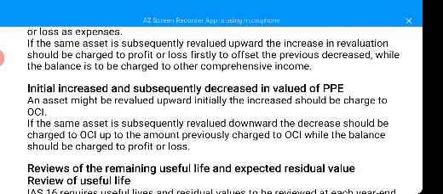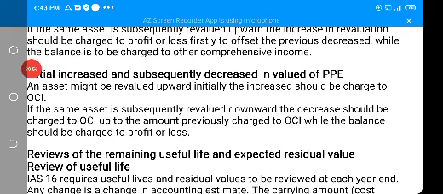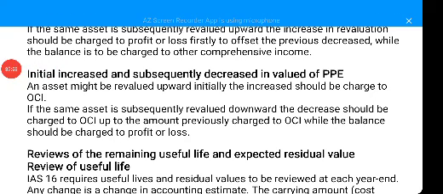Now, let's look at another scenario. If the asset is initially revalued upward and subsequently decreased, how do we treat it? If an asset was revalued initially and it was increased, that increase should be taken to other comprehensive income, not other income, not profit or loss.